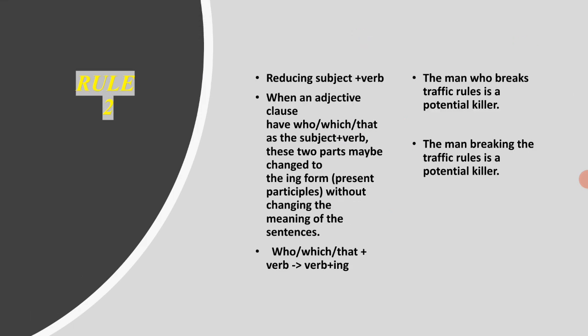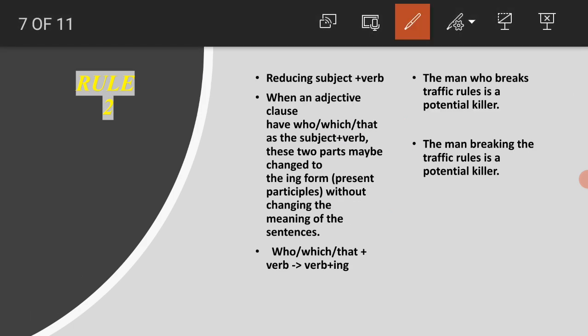Now rule number 2. Rule number 2 says that when an adjective clause has who, which, that as the subject plus verb, these two parts may be changed into the ing form, the present participle, without changing the meaning of the sentence.